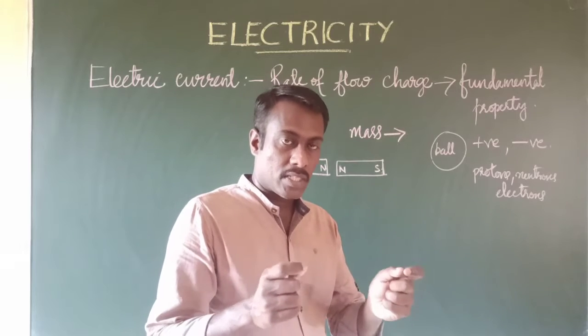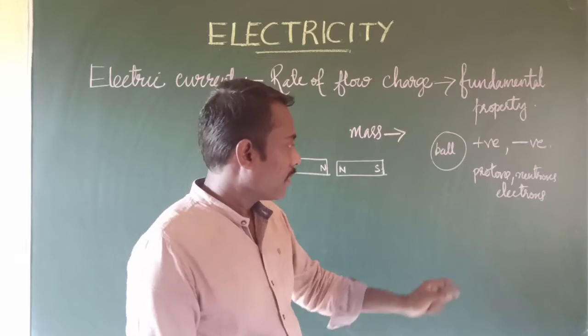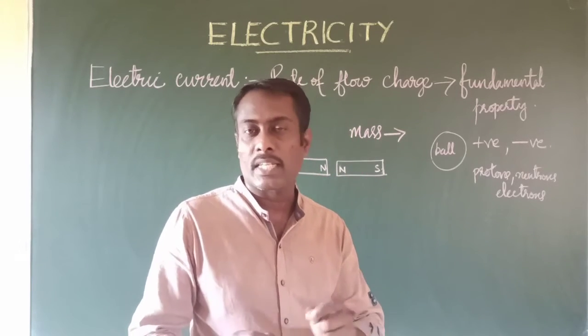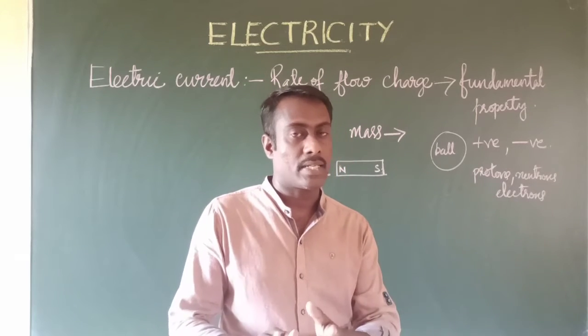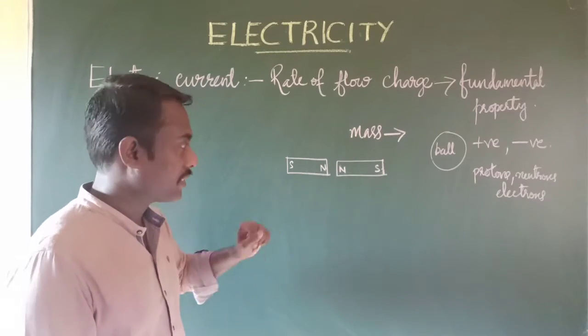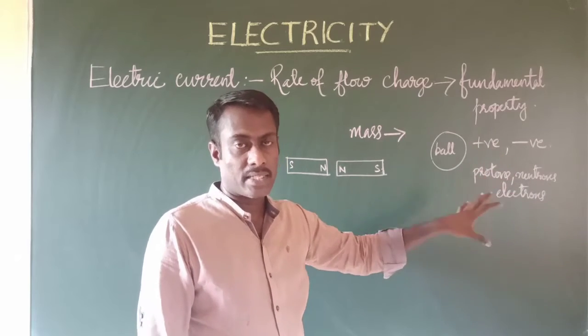When positively charged particles come together, they repel each other. When electrons, or negatively charged particles, come together, they repel each other. But a positive charge and a negative charge attract each other, likewise in the case of a magnet. These are the characteristics of positively and negatively charged particles.